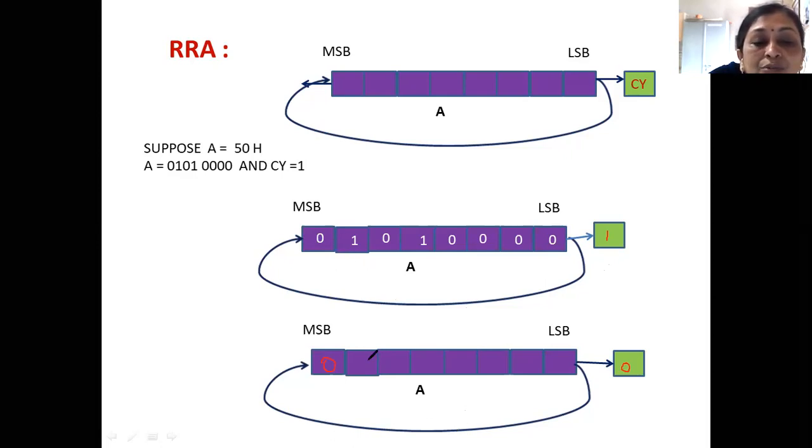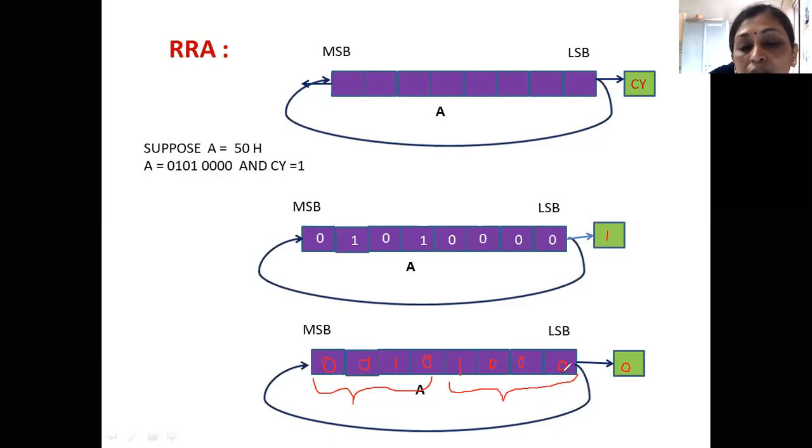That means here you should have 0. Here you should have 1. 0, 1. And now what are the remaining things? The remaining things are 0 in this case. So now in accumulator, what you can observe? One nibble is 0, 0, 1, 0. Another nibble is 1, 0, 0, 0. That means this is the equivalent of 2.